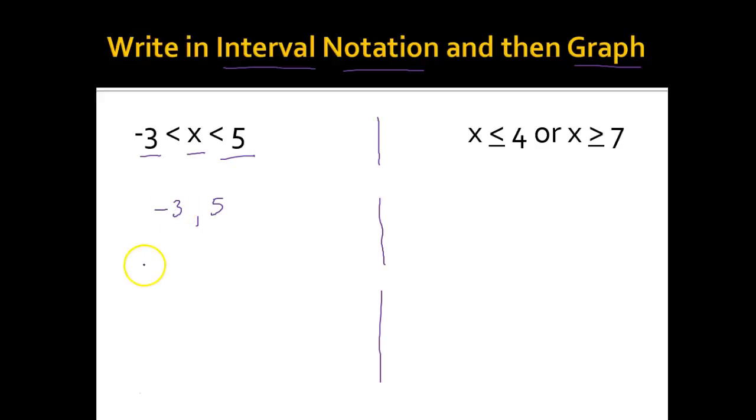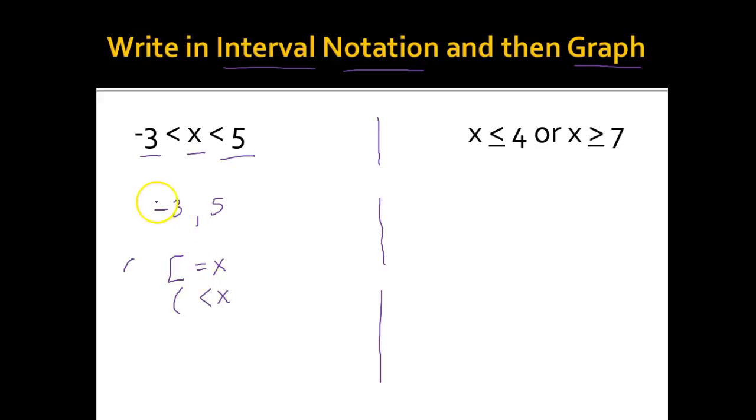Here's the clue. We put a square bracket if x is equal to that number, and we put a round bracket if x is greater than or less than that number.